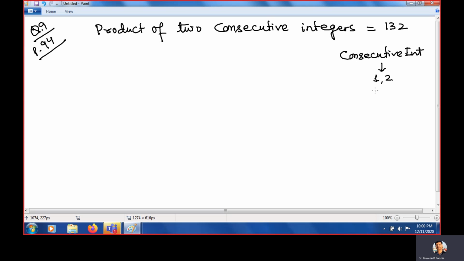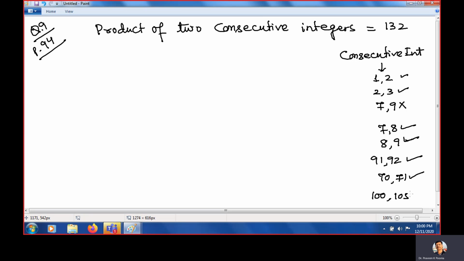Consecutive means together. 2, 3. 7, 9 is not consecutive. 7, 8 consecutive. 8, 9 consecutive. 91, 92 consecutive. 70, 71 consecutive. Clear? But if I write 100 and 105, they are not consecutive because there is a gap.